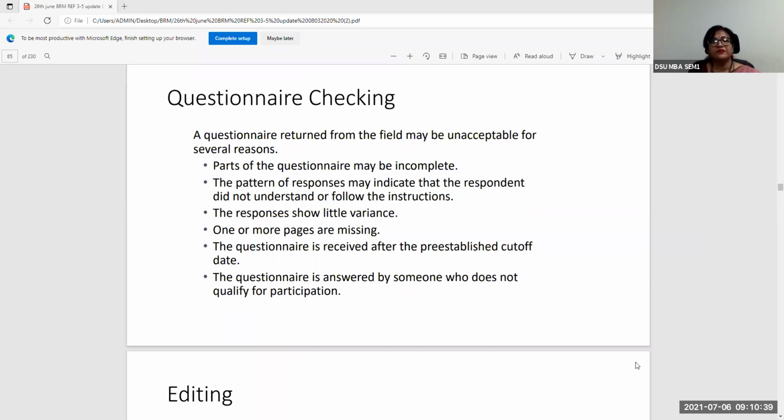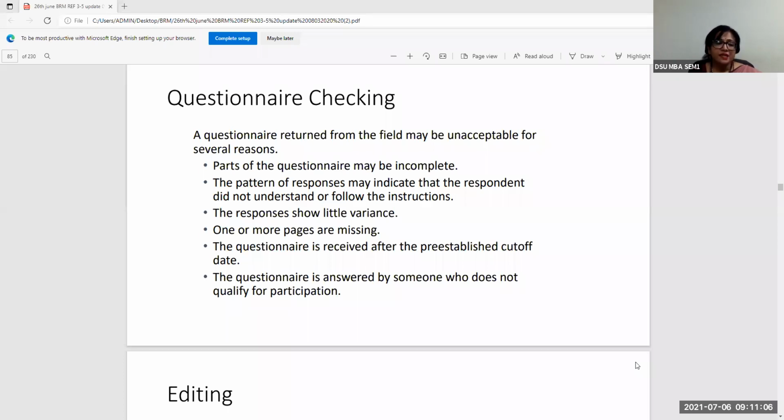But despite that, even if you have got all those inputs and corrected all those things, there is still a possibility that when you administer the questionnaire in the main survey, some people might not respond, may answer a few, may not answer some of the questions, or may not answer in the manner that you wanted, giving you the understanding that perhaps they did not understand the instructions well.